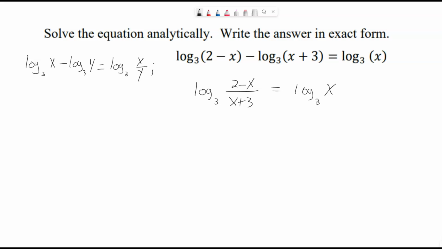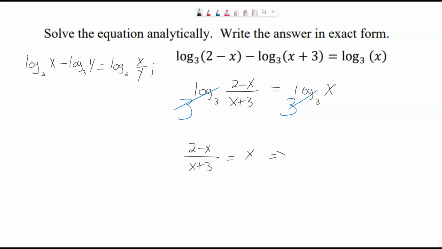Now that we have one log on the left and one log on the right, and they're the same log, we can do base 3 of both sides and eliminate those log base 3's, leaving us with 2 minus x divided by x plus 3 equals x.